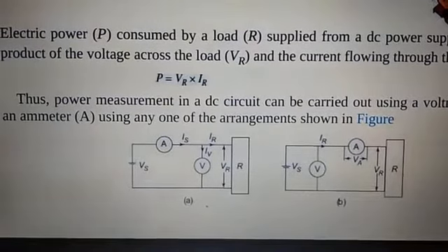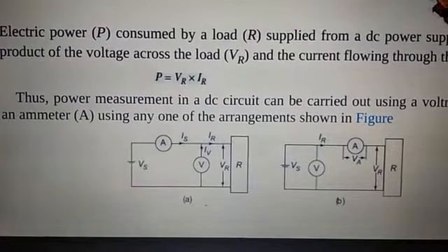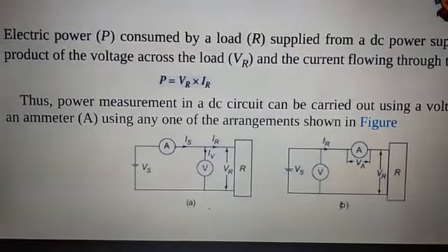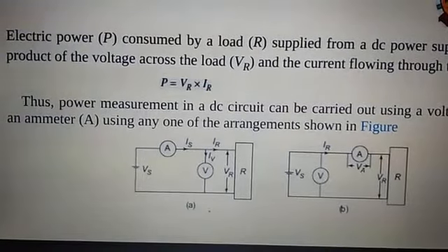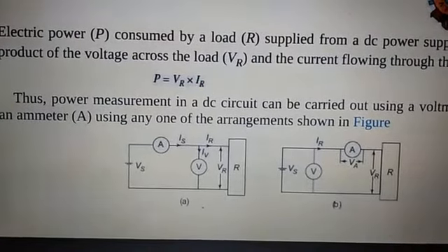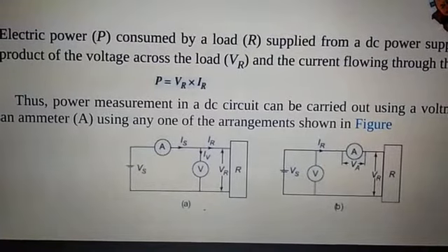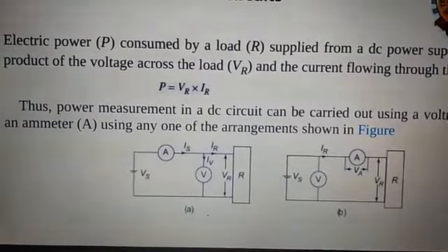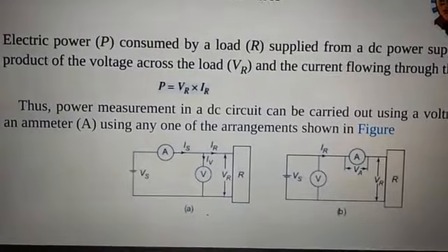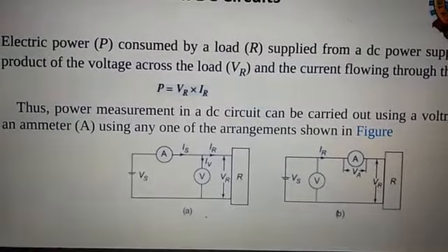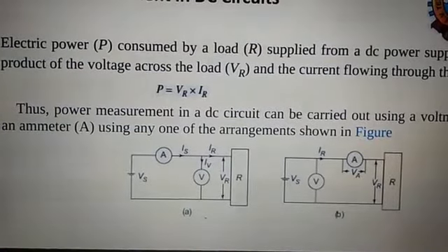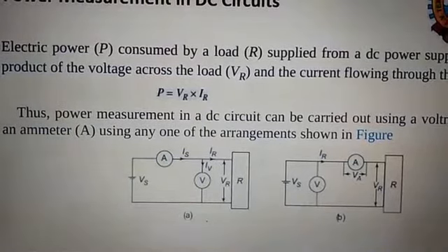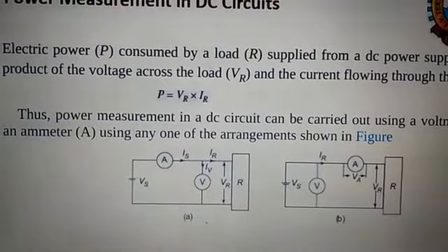In the first case there are losses in the voltmeter, and in the second case there are losses in the ammeter. When you multiply these two things, voltage and current, there is some error in your power measurement. So to minimize the error, the manufacturer intentionally keeps the internal resistance of the ammeter very low, while the internal resistance of the voltmeter is very high.